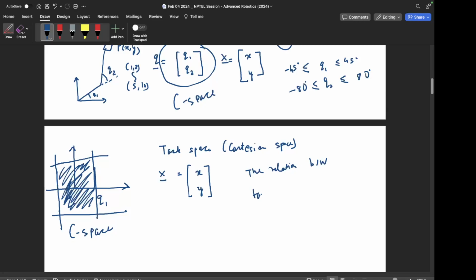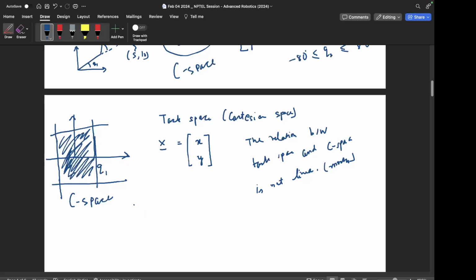And the relation between task space and C space is not linear, mostly. Even in the case of the simplest 2R manipulator, it's not linear, which means that let's say I'm starting from some configuration of joints, let's say q1 0, q2 0, and I follow a linear path to q1 1 and q2 1, right?